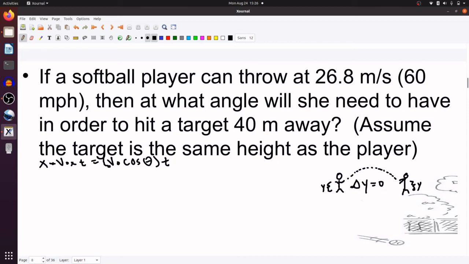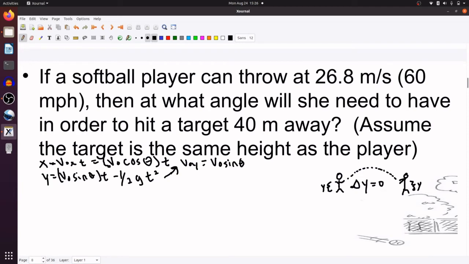All right, let's look at the y equation. We have y equals v naught sine theta t minus 1/2 g t squared. What did I just do? V naught y is going to be v naught sine of theta, as it's always been, at least this chapter. And then my other thing is g.